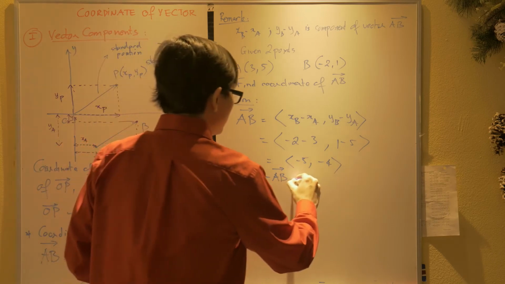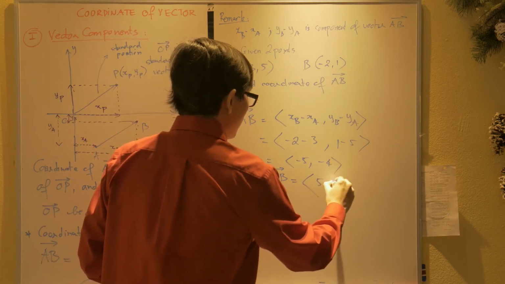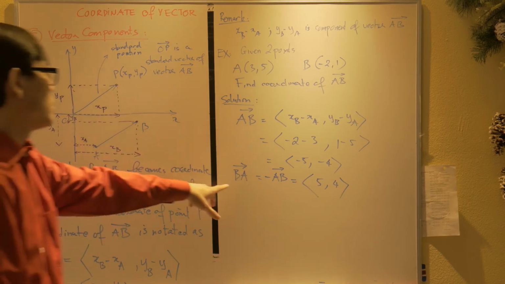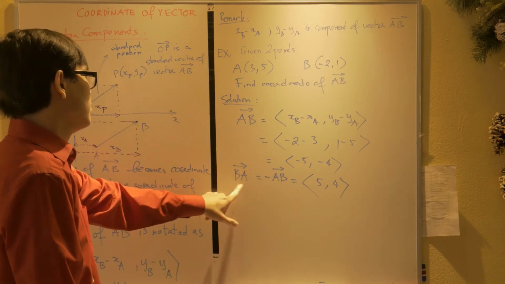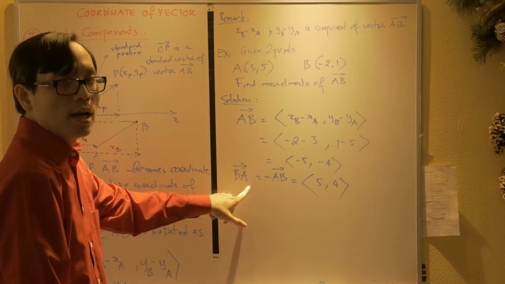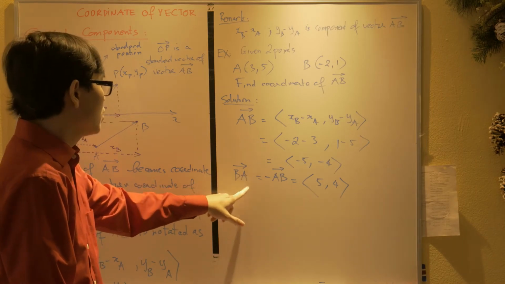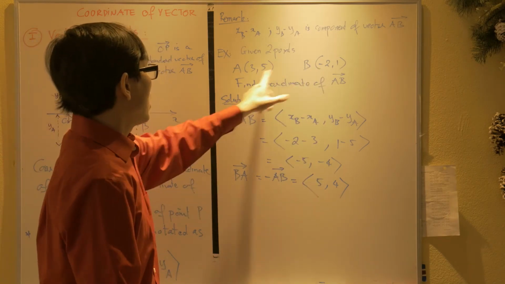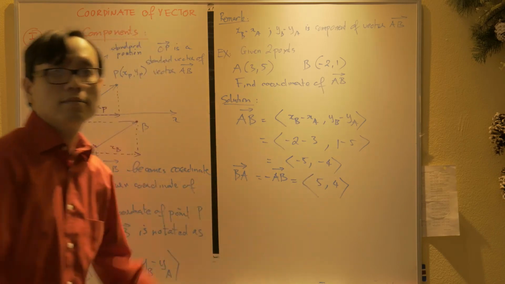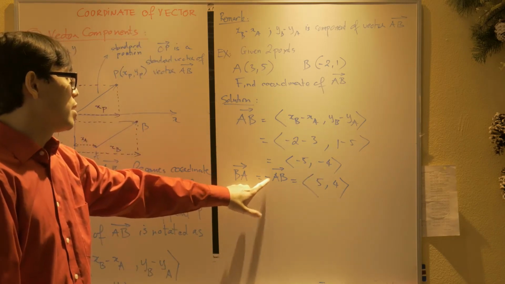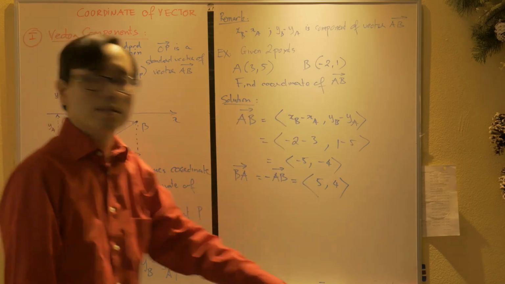Then you just need to change the sign, so it becomes 5, 4. You can also apply the formula: for vector BA, A is the head now, so you take head minus tail, xa minus xb, so 3 minus minus 2 is 5, 5 minus 1 is 4. Same thing. You just put the minus sign in front and change it.